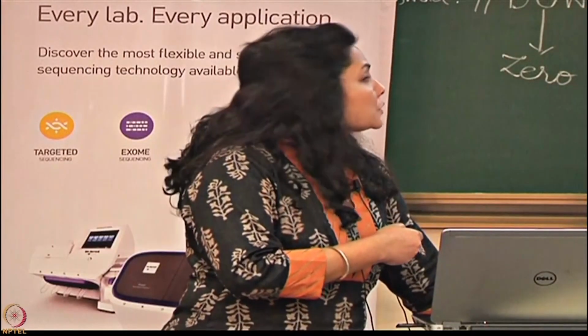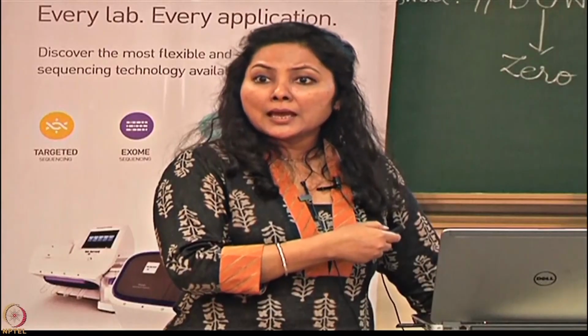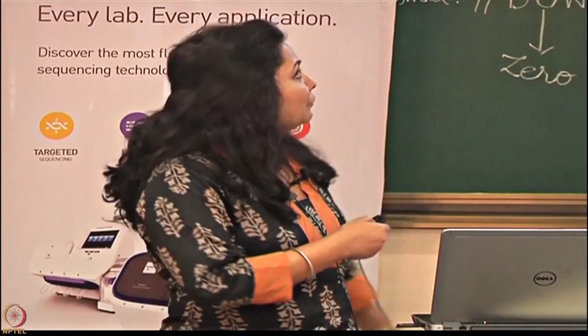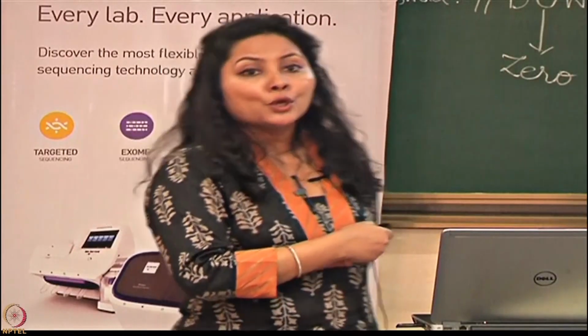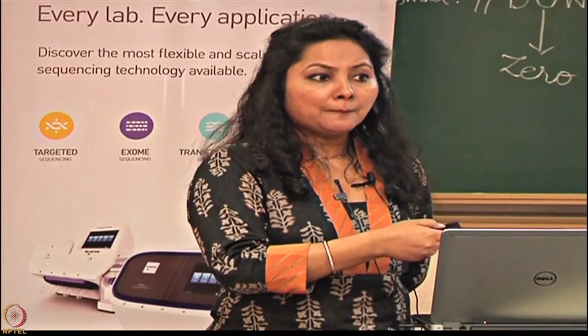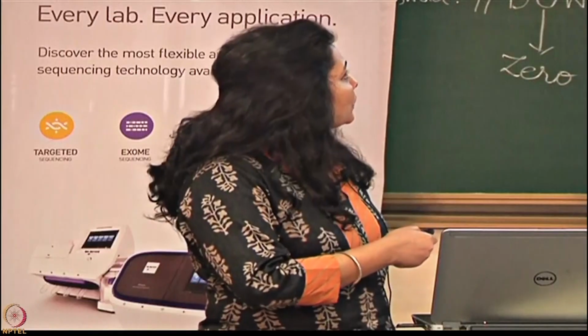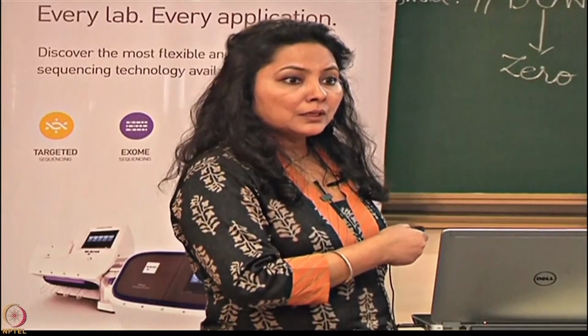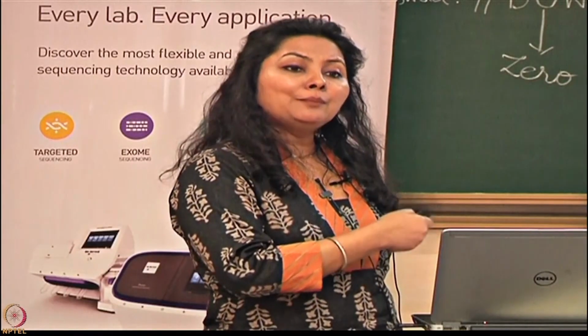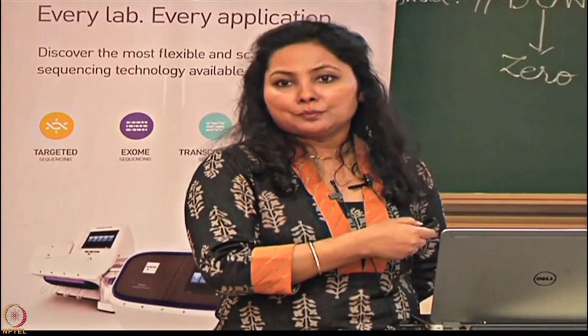When we said that library preparation is all about enrichment of the targets and ligating adapters, when we are ligating these adapters, you are using barcoded adapters to differentiate one sample from another. Now this barcode is a 10 base pair unique sequence which is present in the adapter, which will finally help you to differentiate between different kinds of samples which you are loading on one chip.